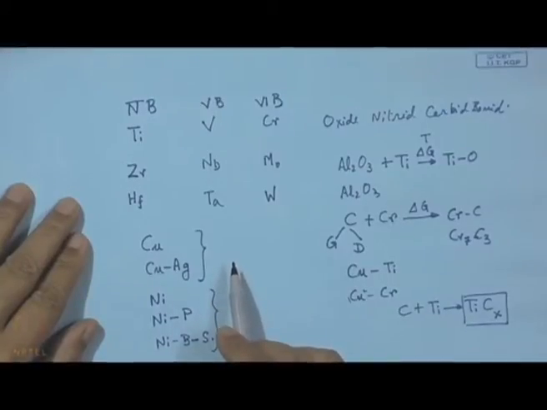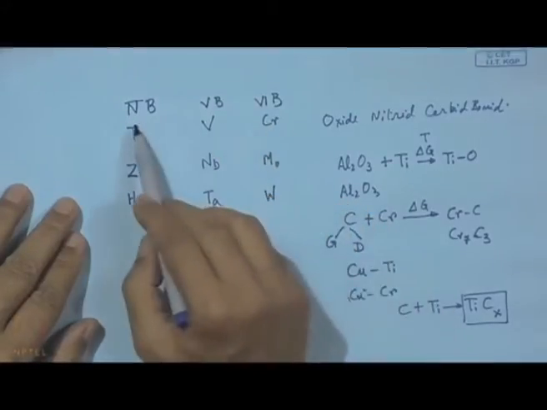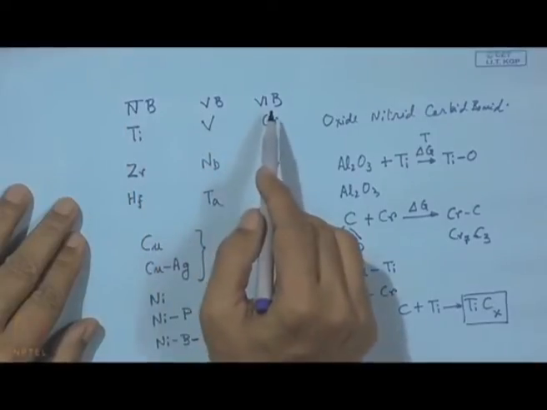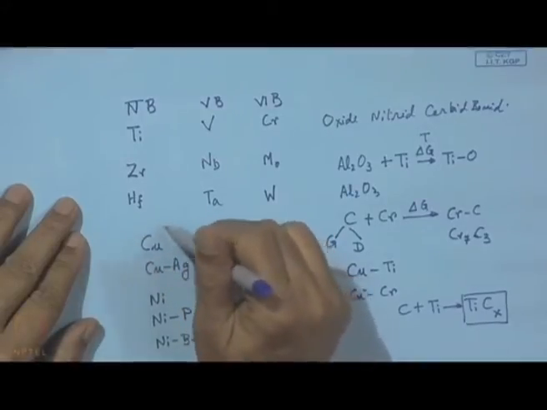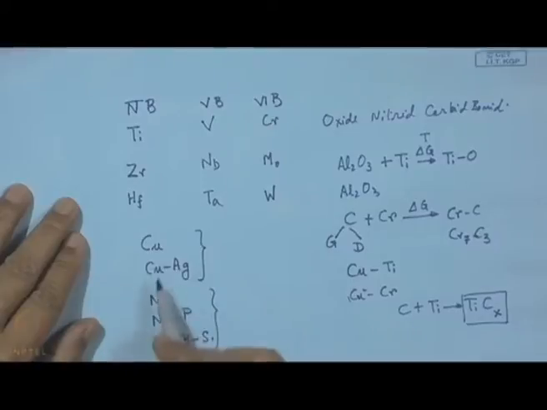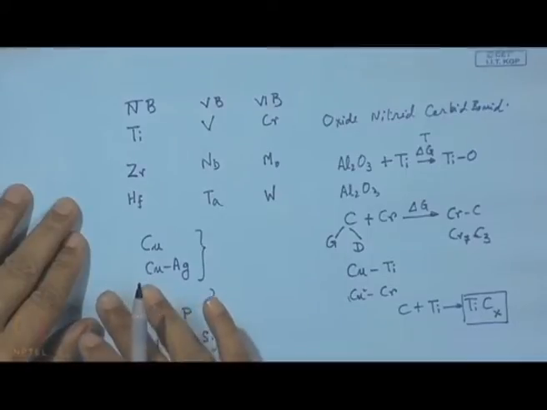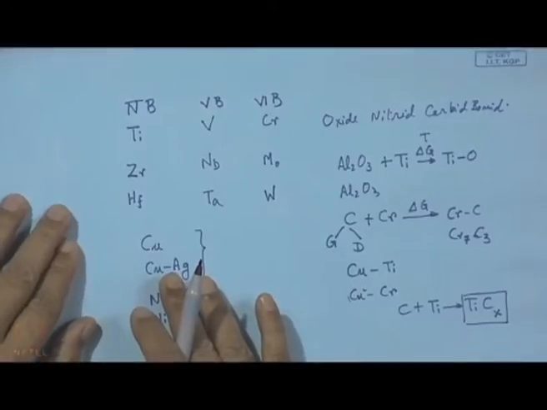But when it is a question of wetting the ceramic surface, then this formulation has to be changed by bringing in one of those strategic elements from group 4, 5 or 6, so that they can go into solution either in the copper base system, or copper silver base system, or in the nickel base system, so that it becomes a useful active alloy which can lead to spontaneous wetting and spreading over the ceramic surface.